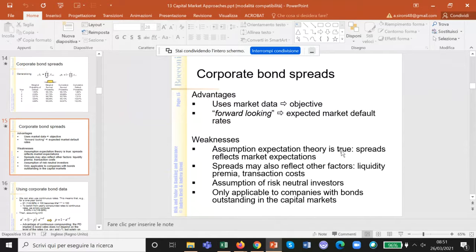And finally, the most important one is that we assumed investors to be risk neutral. That's probably the most important weakness of this approach. And as I mentioned, of course, it can only be applied to corporates that have bonds outstanding that are traded in liquid markets.